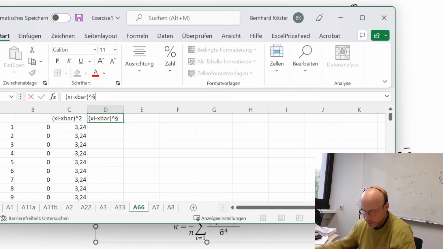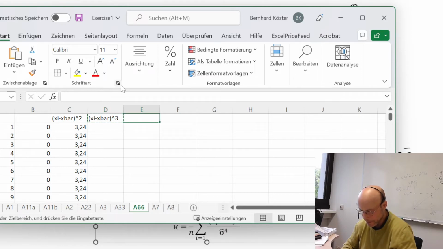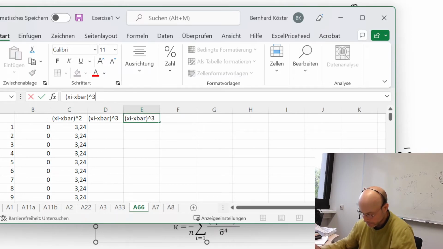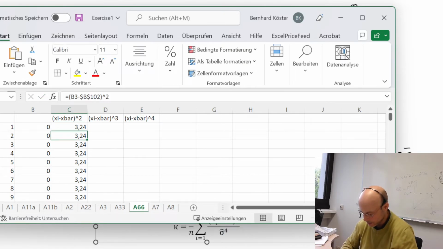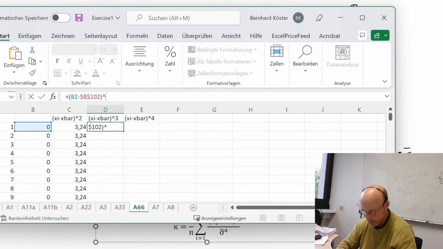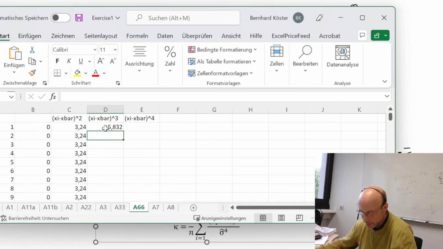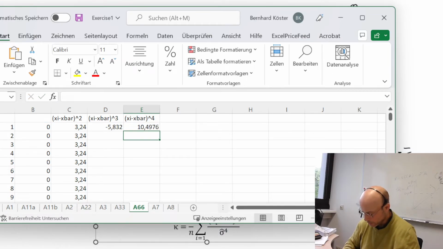So 3 and 4, and then we can take just this formula and put it in this cell with a 3, and in this cell with a 4.